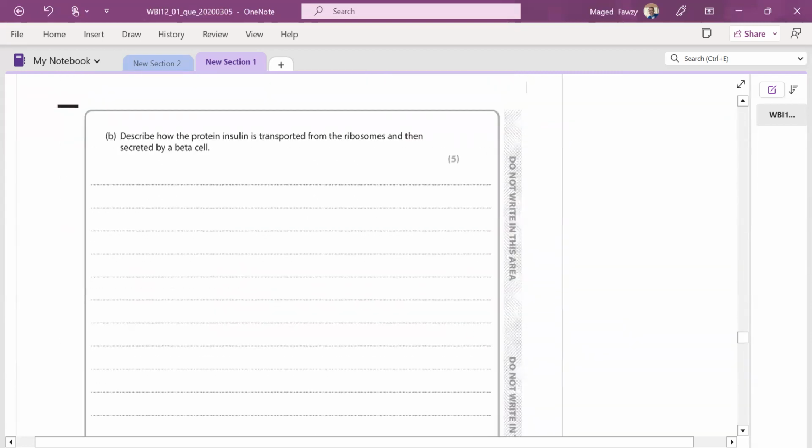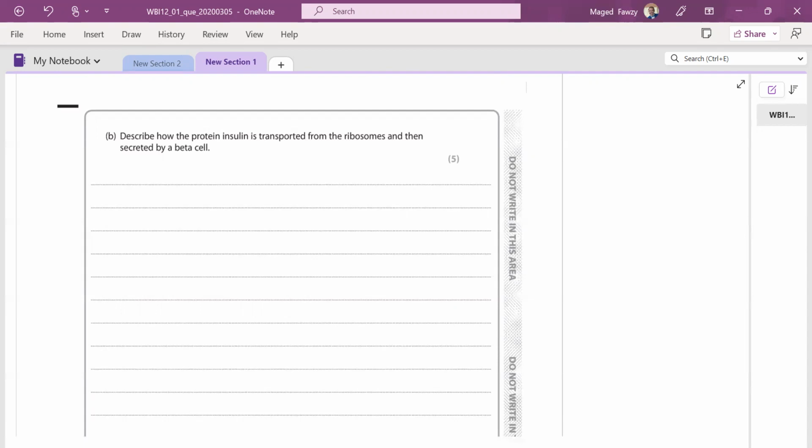Insulin is packaged in vesicles. نقولها ازاي بقى يا ياسر؟ You have to start from a rough endoplasmic reticulum. ازاي بيباكج البروتين.